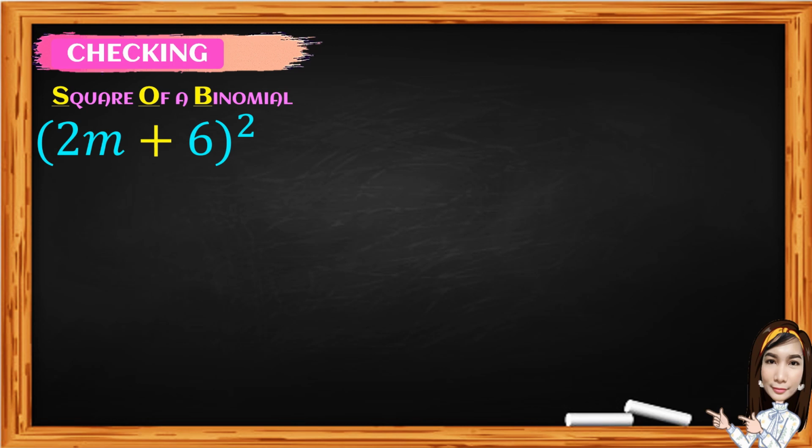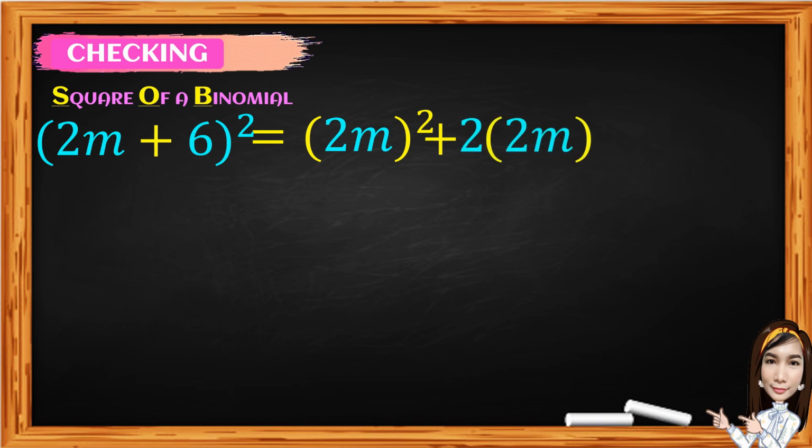Now to check if your factor is correct, we use the special product given the square of a binomial. So first, square the first term, we have the quantity of 2m squared. If the binomial is plus, the middle term is also plus. Twice the product of the first term 2m times the second term 6. Then for the last term, square the second term, we have 6 squared.